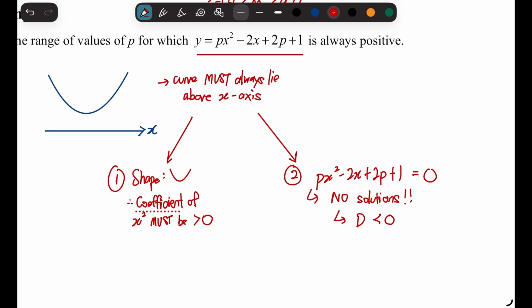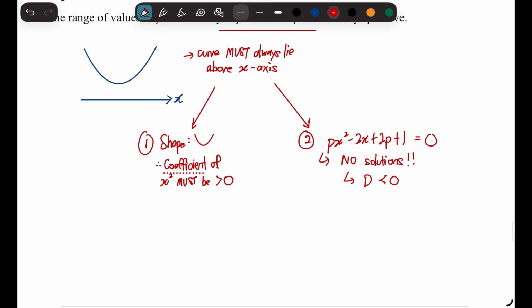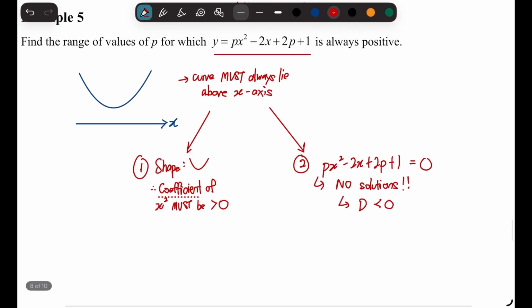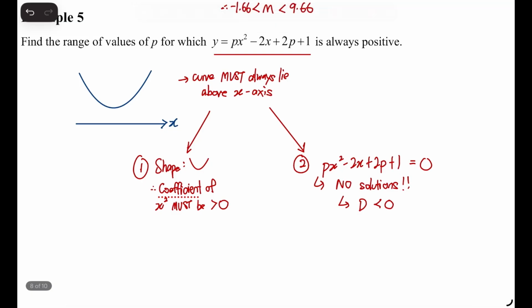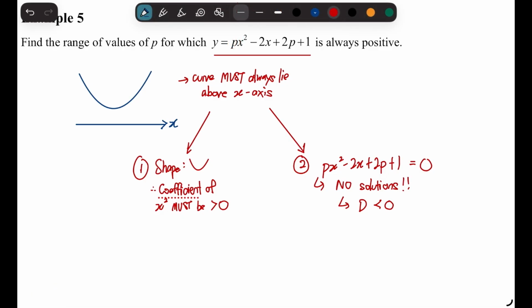So, very simply, using these two conditions. First, for the shape to be positive, since the x squared coefficient must be more than 0, this means that p, which is the coefficient of x squared, must be strictly more than 0.